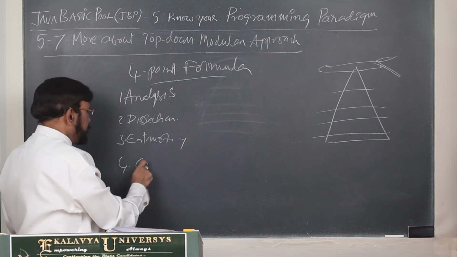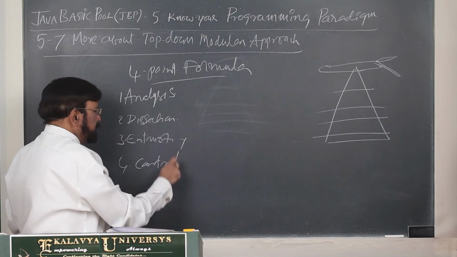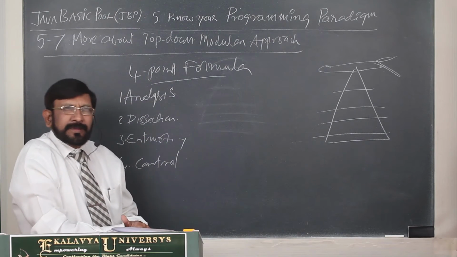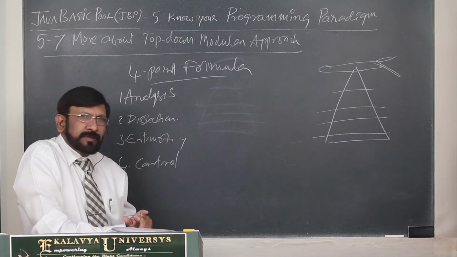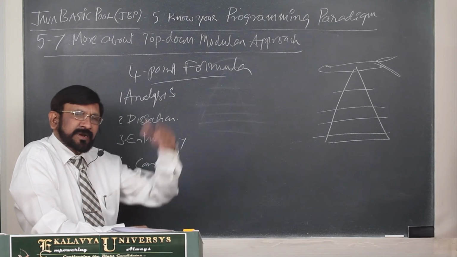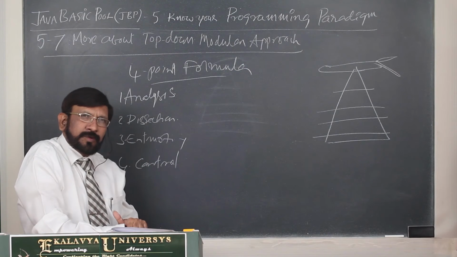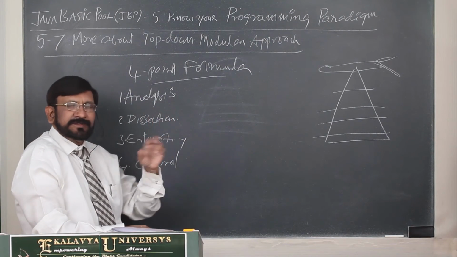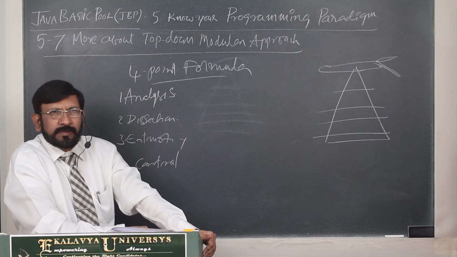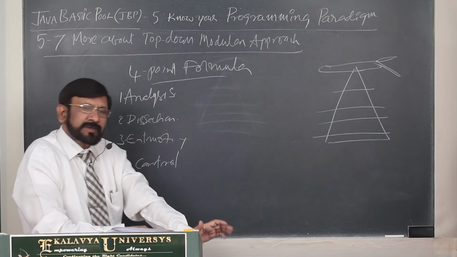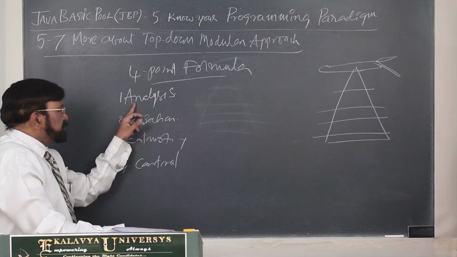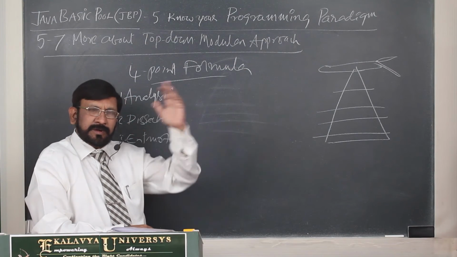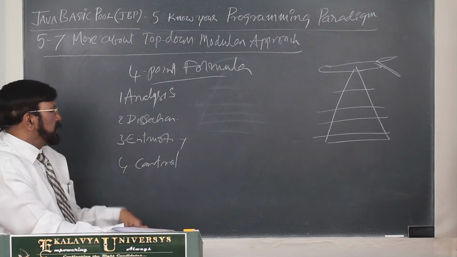Fourth one is control. The 4-point formula you have to adopt. First, after understanding the problem domain or solution domain, you have to analyze thoroughly what are the activities involved. After analysis, you can have a thorough understanding of the problem domain.